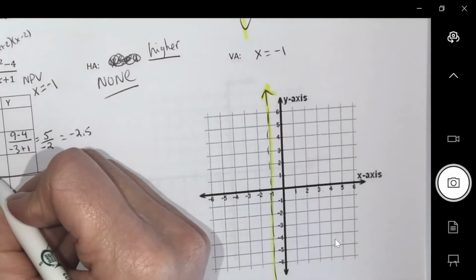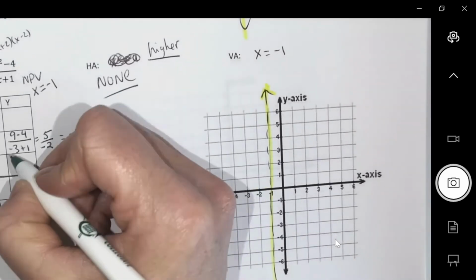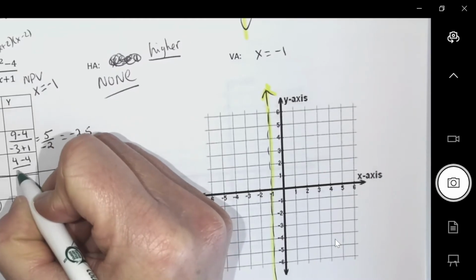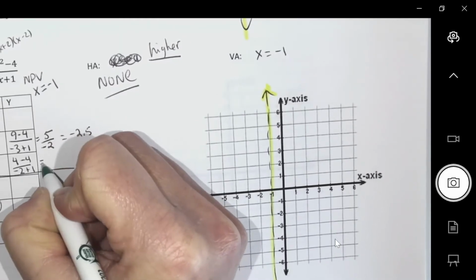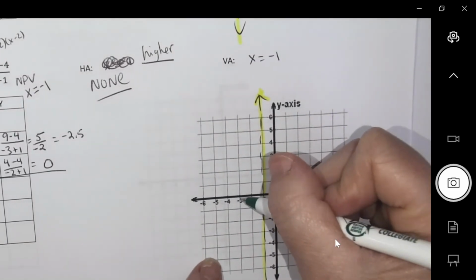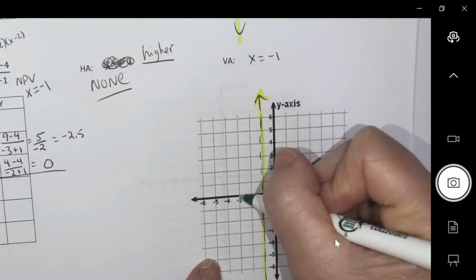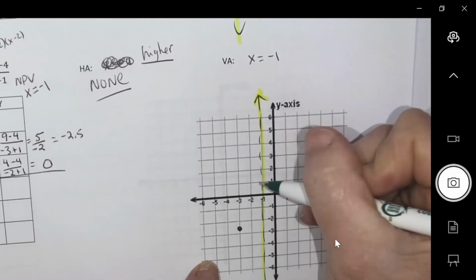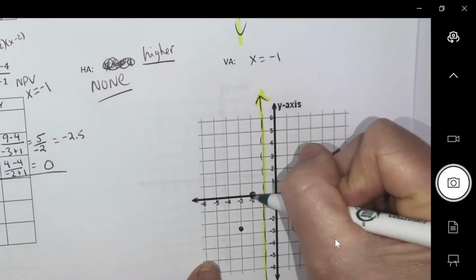Ready? -2 squared is 4, 4 minus 4 is already 0, right? Because the top is 0, so I don't care about the bottom, it's just 0. So let's graph those. -3, comma, -2.5, and -2, 0.